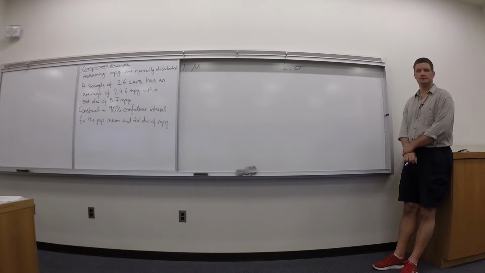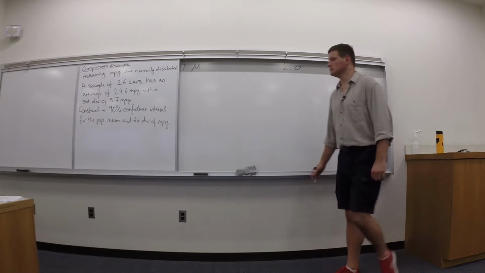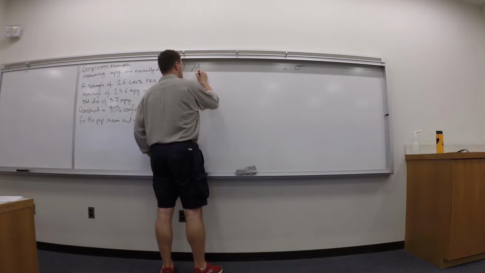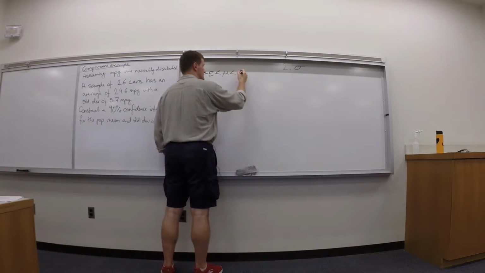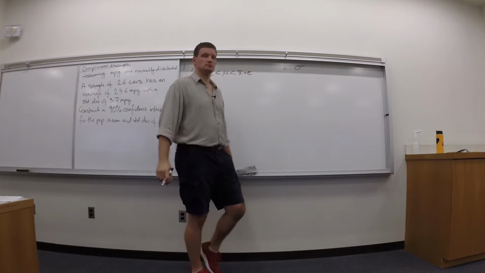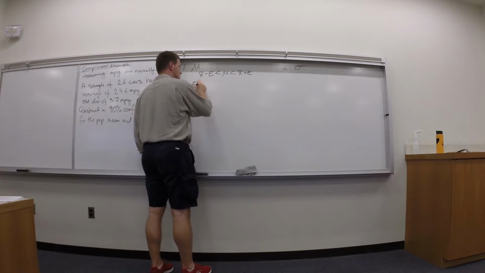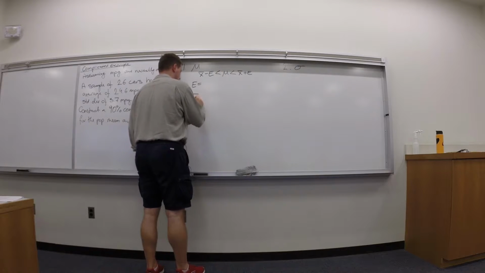Which one do we want to do first? Mean? Okay, let's do mean. So how do we do it? Well, we know that it's x bar minus e less than mean less than x bar plus e. And we know that e is defined as, and then we have choices.